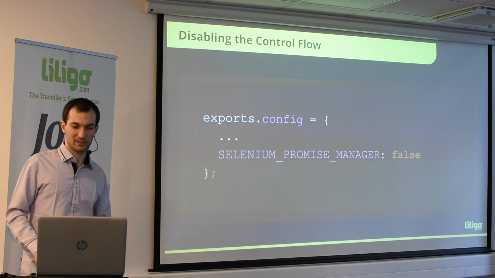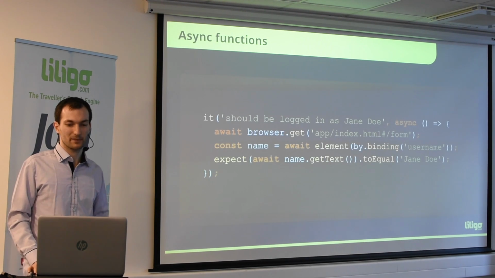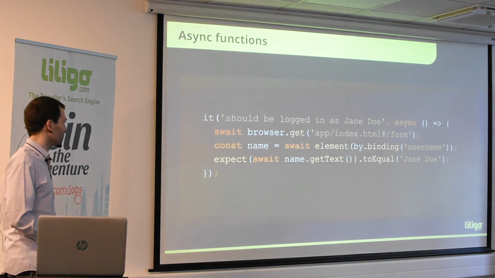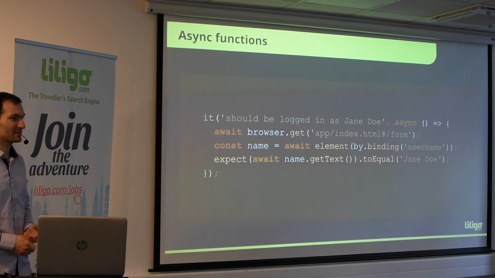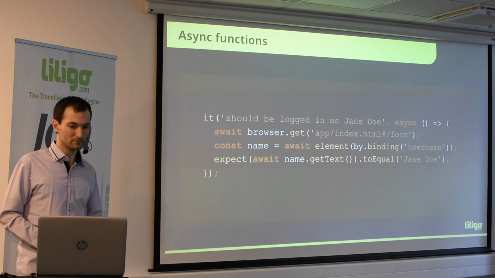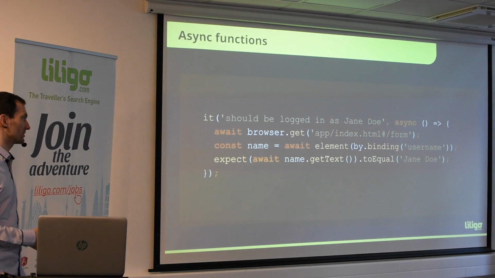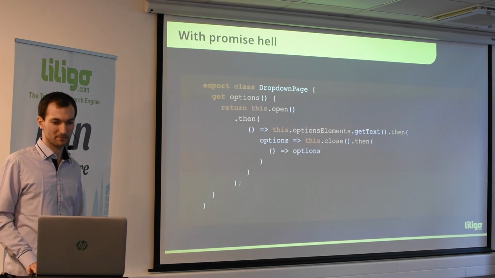You can very simply disable the Selenium control flow and migrate to async functions with a few async keywords. They stop the execution until the awaited promise resolves, and only then go to the next line.